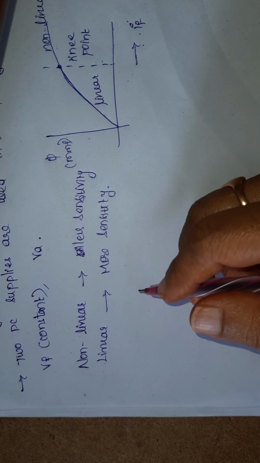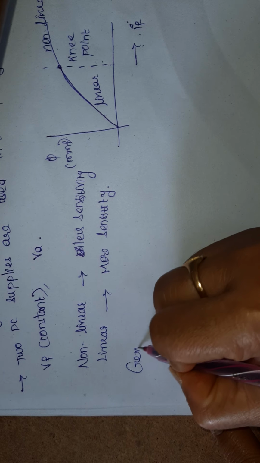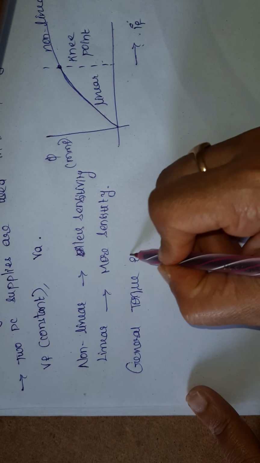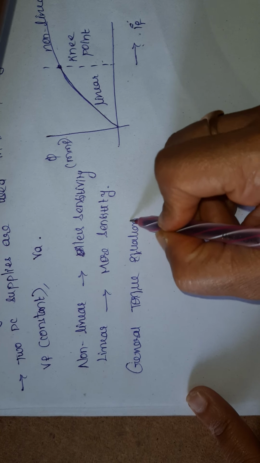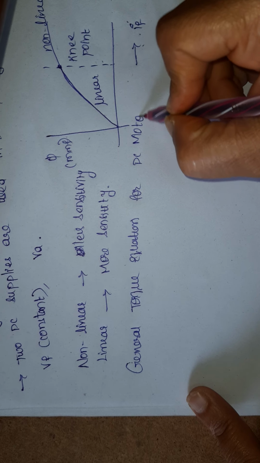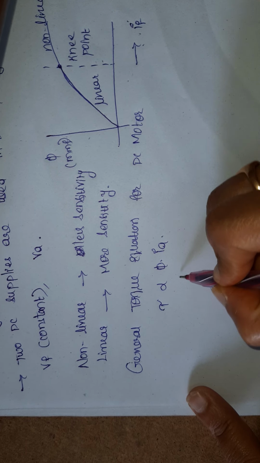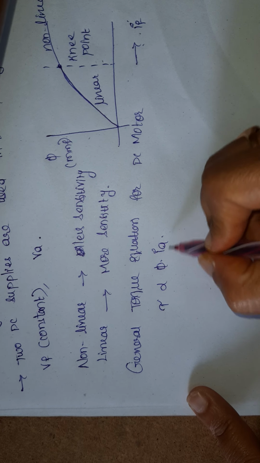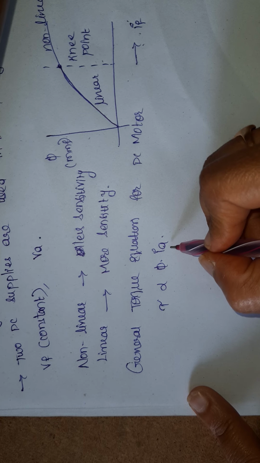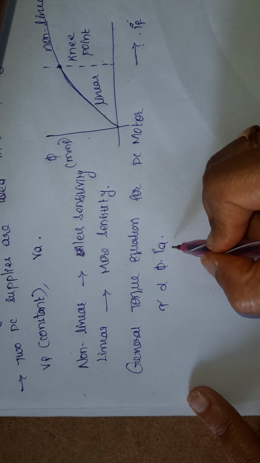So the general torque equation for a DC motor is tau directly proportional to phi into Ia. It is a multiplication of the flux phi into the current which is causing this flux, that is Ia.